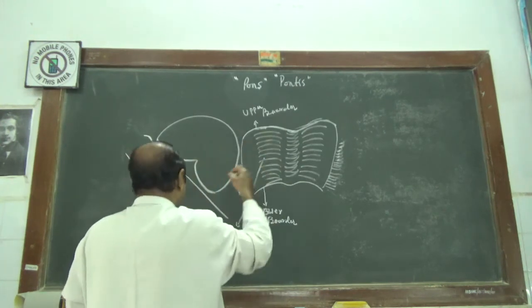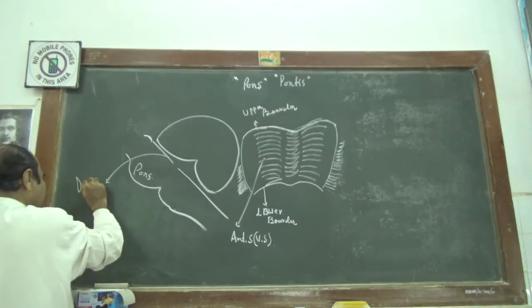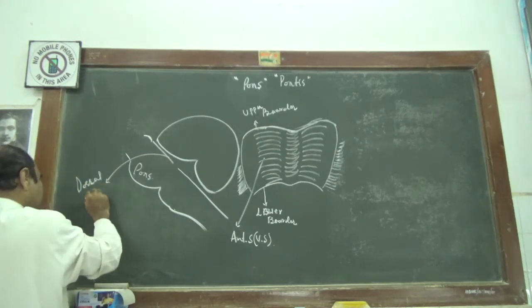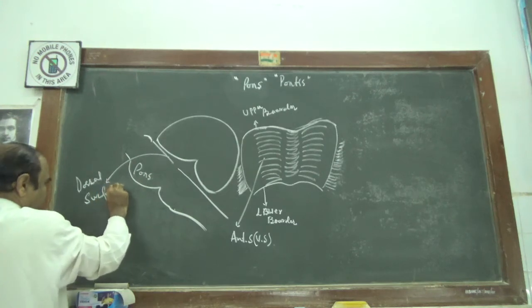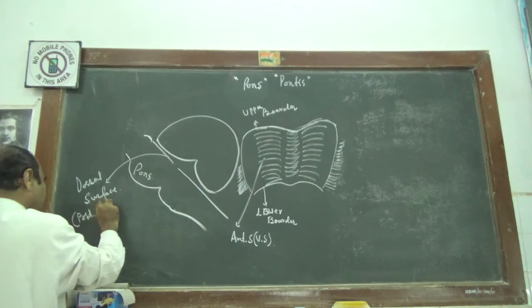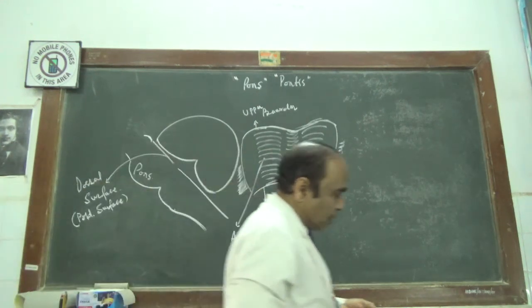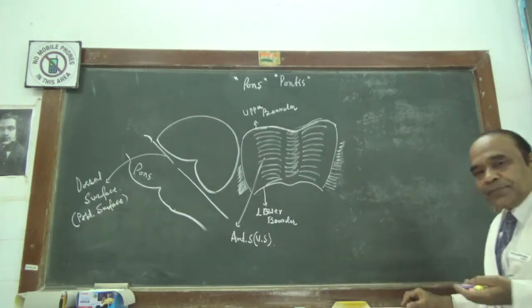The one here is the dorsal surface, or posterior surface. So this is how it will be.